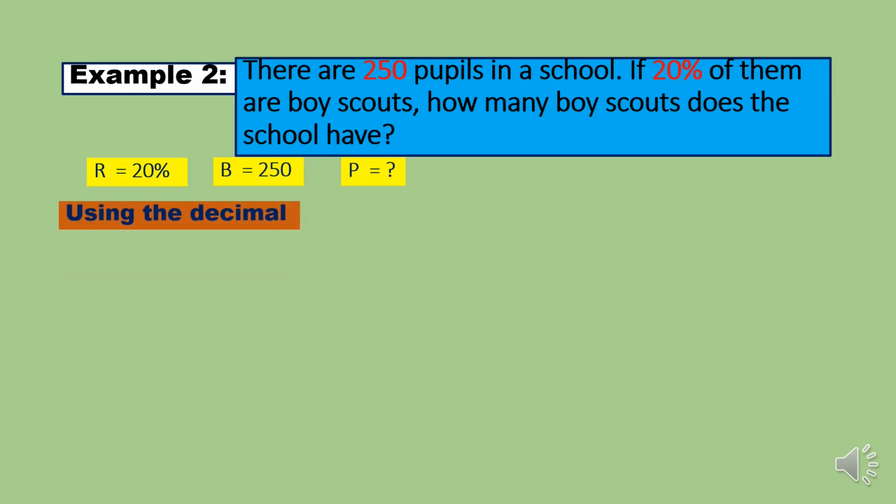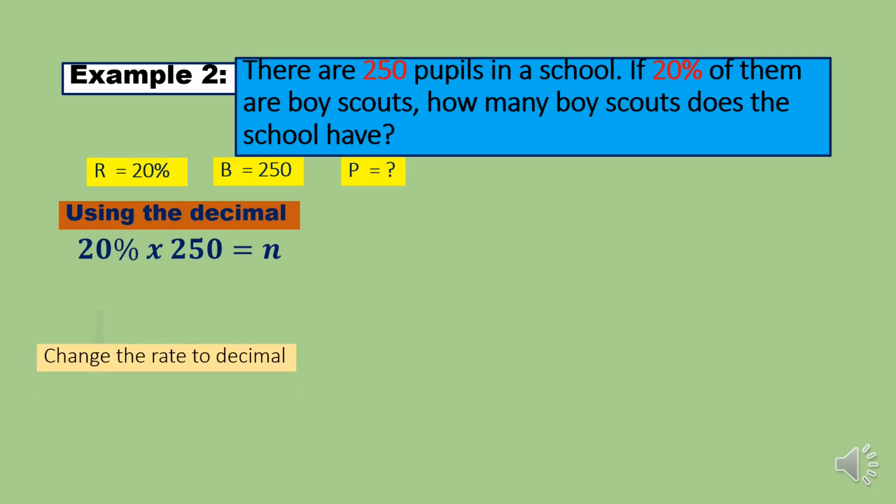Again, using the decimal, 20% of 250 equals n, and that is 20% times 250 equals n. Change the rate to decimal. 20%, that is 0.20 or 20 hundredths, times 250, and that is 50.